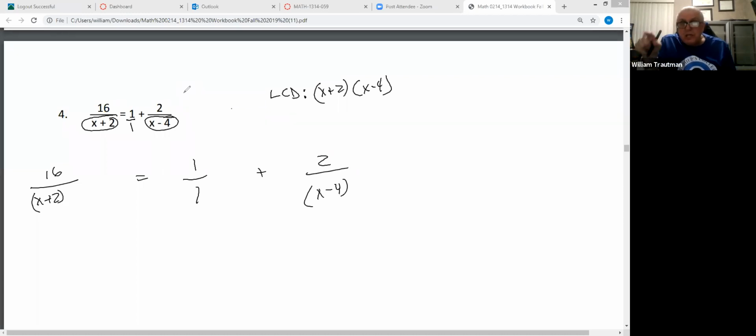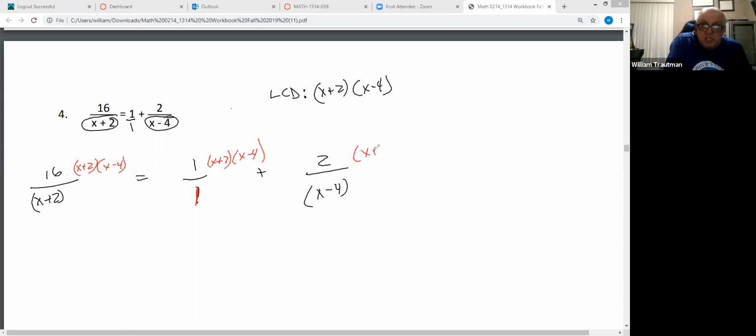Now we multiply each of these. Do you see? I spread it out because I'm going to multiply by the LCD. I'm going to multiply this first fraction by the whole LCD, x plus 2, x minus 4. I'm going to multiply, that's a 1 there, x plus 2, x minus 4. Multiply this, x plus 2, x minus 4.